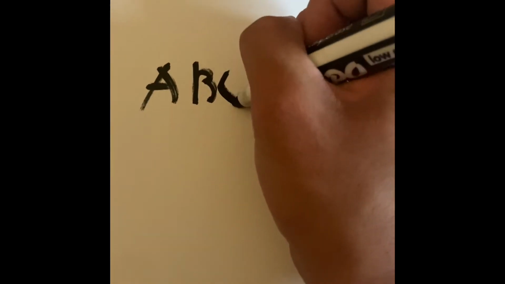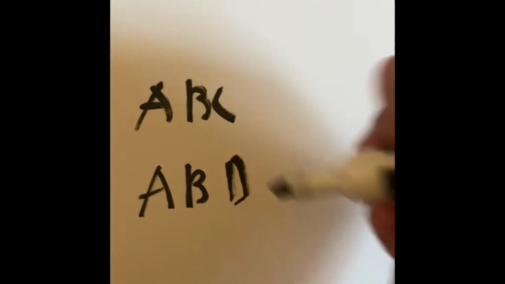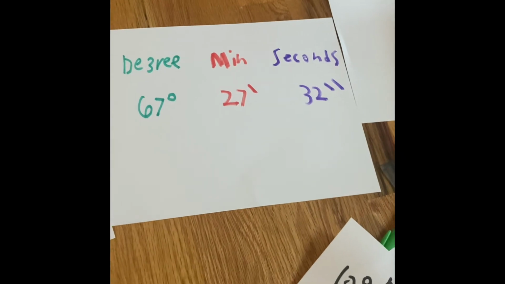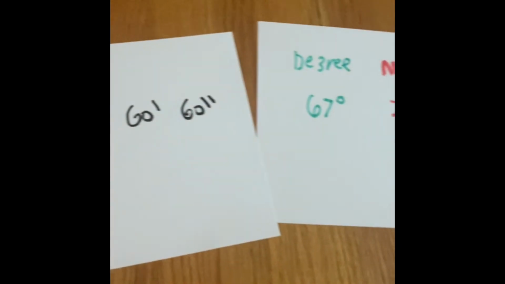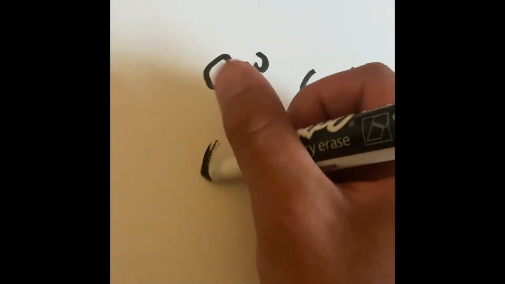So here is ABC, and we have to subtract ABD from it. Since ABC is 90 degrees, we're going to write 90 degrees, 60 minutes, and 60 seconds, referring to our format for our answers. So this is what it looks like. And for the other one, 67 degrees, 21 minutes, and 37 seconds goes right under here.